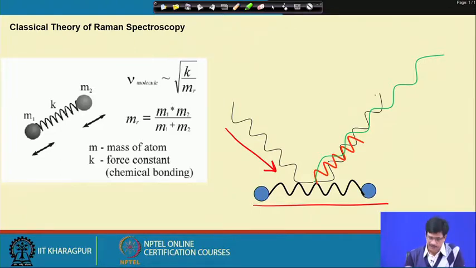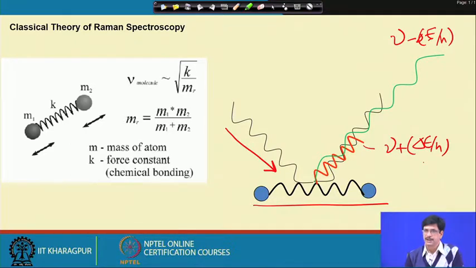And as we said, this is the major part which is actually scattered. Now, this green is representing the emitted electromagnetic energy with the frequency nu minus delta E by h, and this red, in which we see that the frequency is increased, is emitted as nu plus delta E by h.